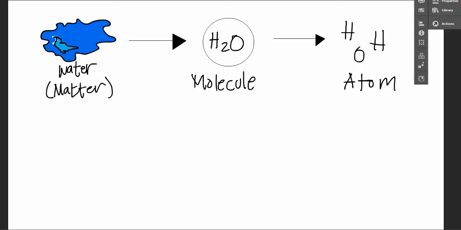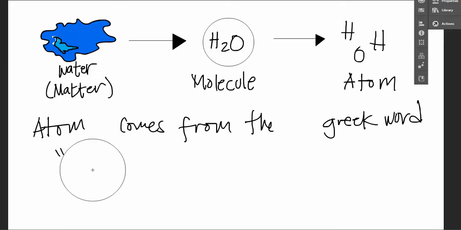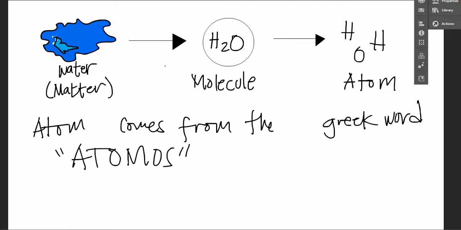So next is the origin of atom. The word atom comes from the Greek word atomos, which means uncut.